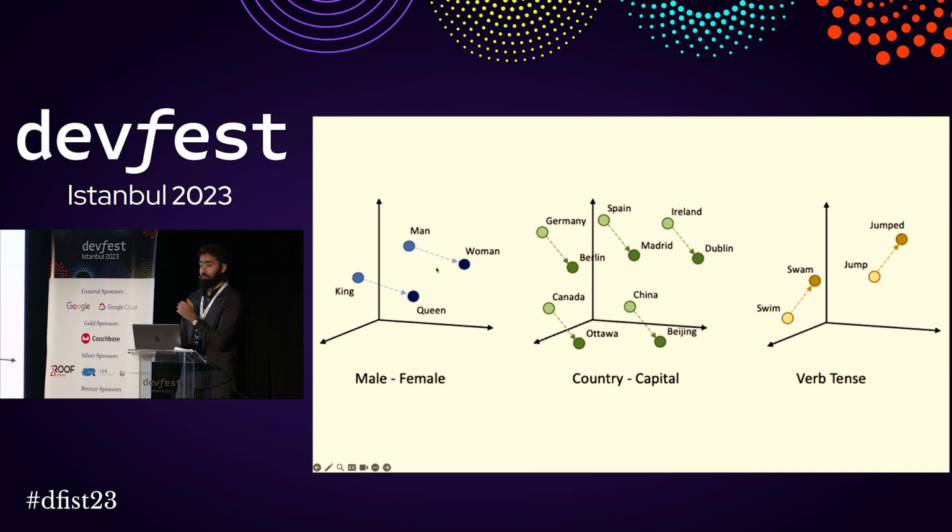So what man is to woman is king is to queen. What Canada is to Ottawa, China is to Beijing. So this is how embeddings are not only the number representation of your input text, but also they capture semantic understanding.